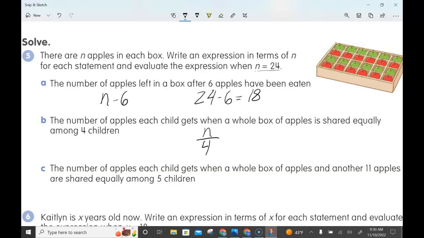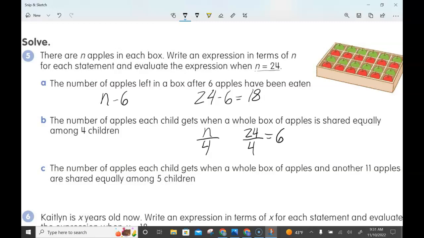Why is that? Because it's shared equally amongst 4 children. And so what we do is we take our whole box of apples, which is 24 apples. We share them with 4 different people. I don't know about you, but I've never had a box of apples shared with me, but that's okay. So we take 24 divided by 4, and that's going to give us 6 apples per child.